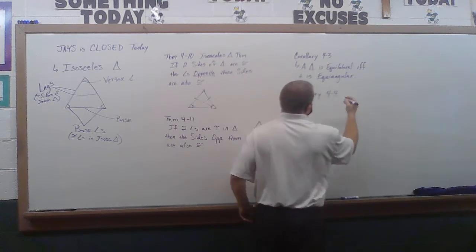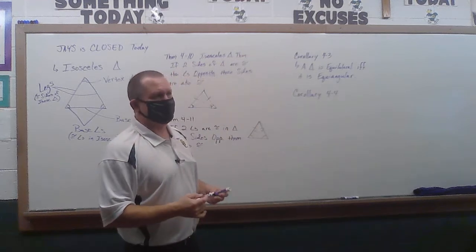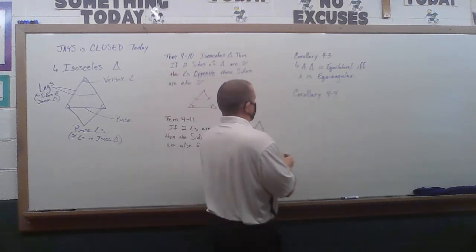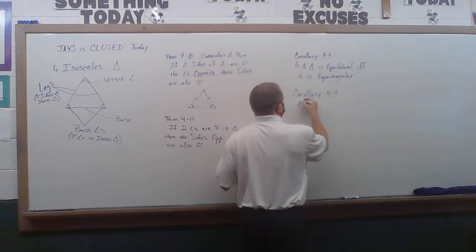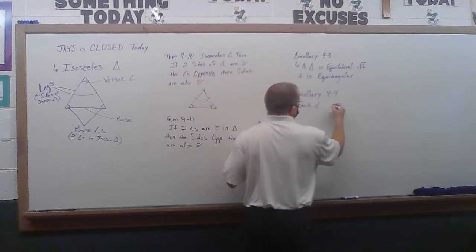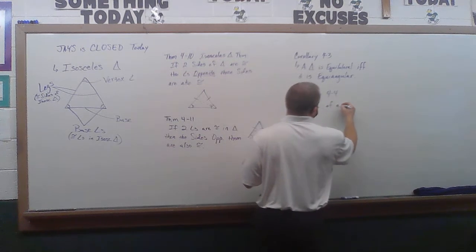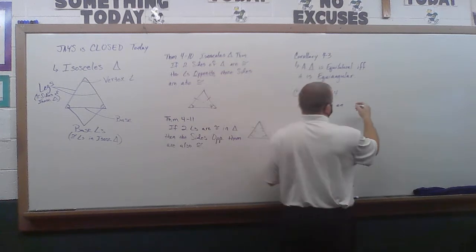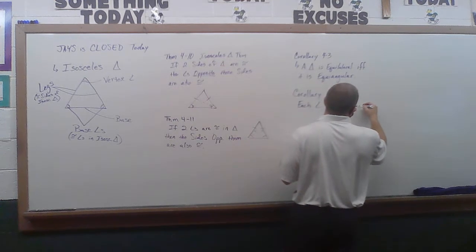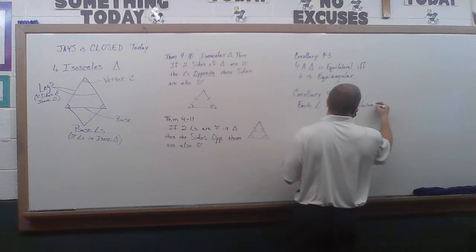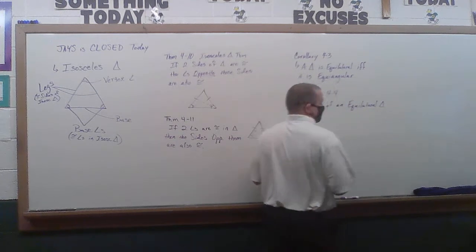And then hopefully corollary 4 is even more so. So again, if you really don't want to write these two down, that's not that big of a deal. But in corollary 4, we would say each angle of an equilateral triangle has to be what?